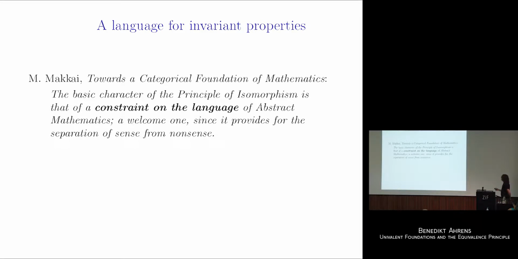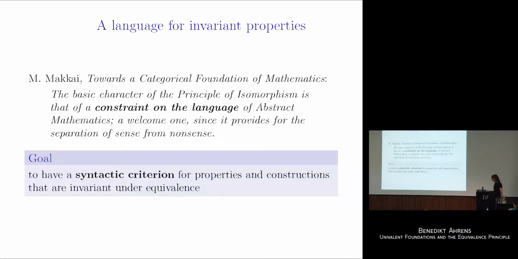For instance, Makkai, in his paper Towards the Categorical Foundation of Mathematics, says: the basic character of the principle of isomorphism, so he talks about isomorphism, but we will more generally call it the principle of equivalence, is that of a constraint on the language of abstract mathematics, a welcome constraint because it provides for the separation of sense from nonsense.